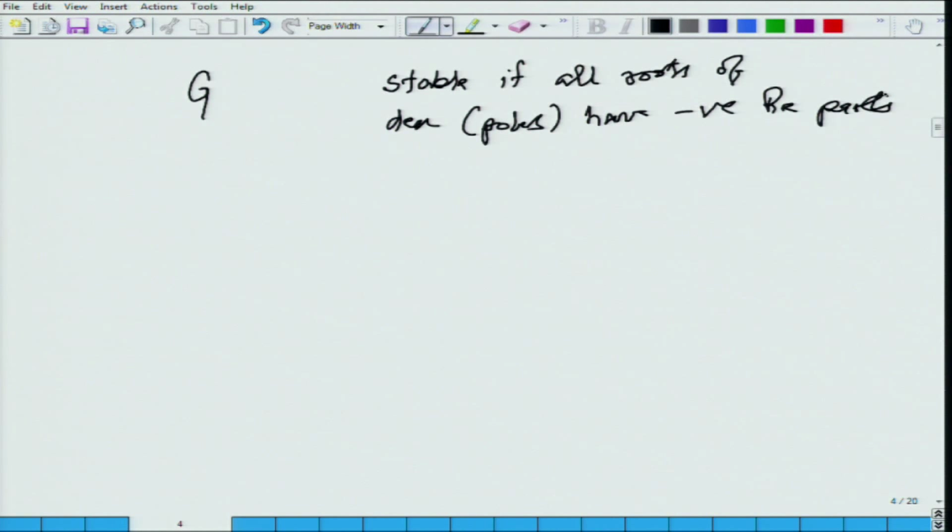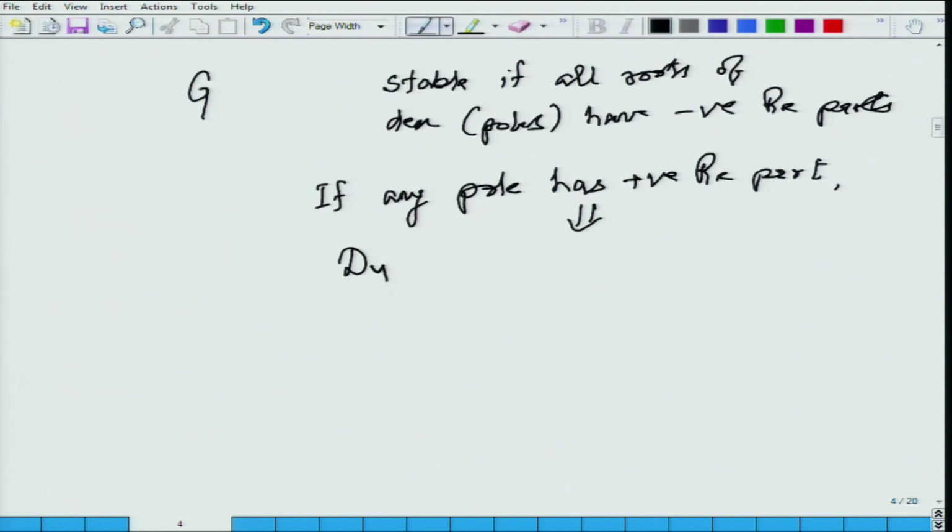Another way of looking at it is, if any pole has a positive real part, then that implies the dynamic system is unstable.